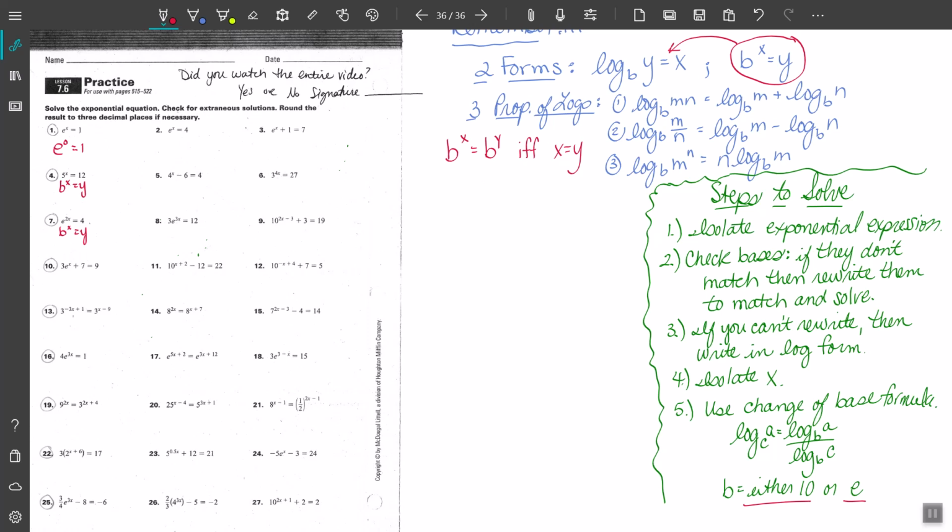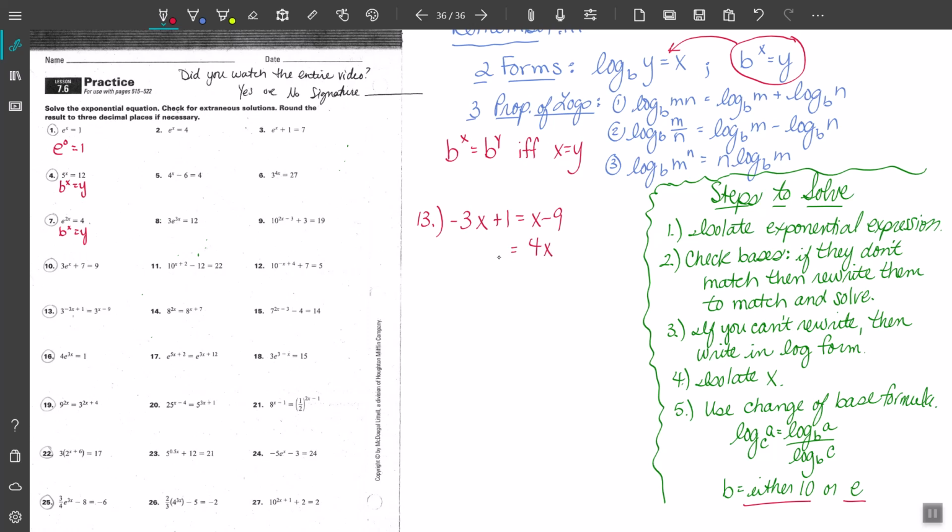So because of that, we can take those two exponents and set them equal to each other to solve this. So we take that negative 3x plus 1 and set it equal to x minus 9. And all we do here then is our basic algebra to solve for x.